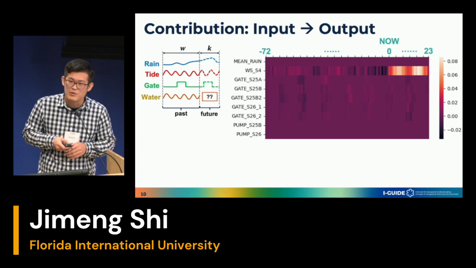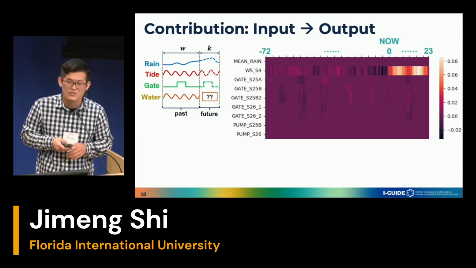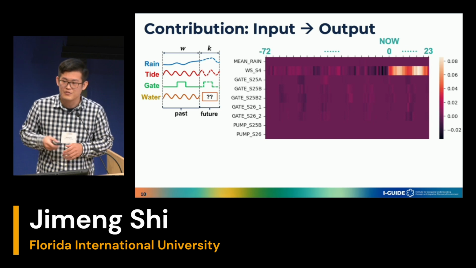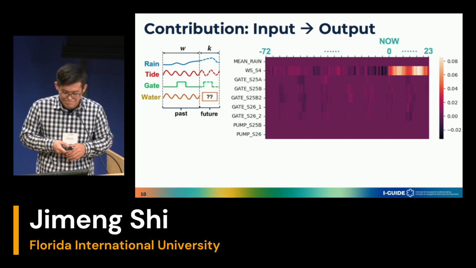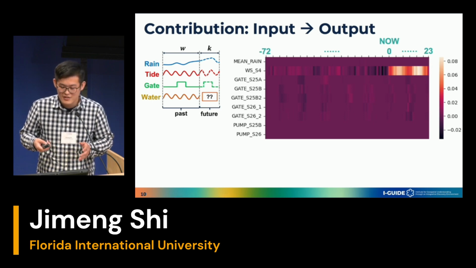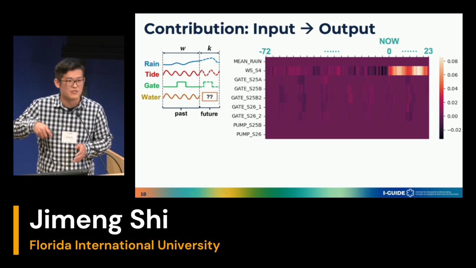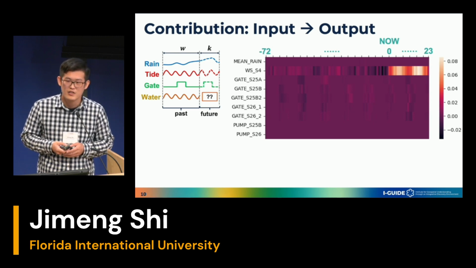In our experiments, we use a past window of 72 hours to predict the future 24 hours. What we can learn from this figure is that the tide information from the future 24 hours has the most contribution to the final output. Because again, this is a coastal system, which again proves our model is learning the correct things.